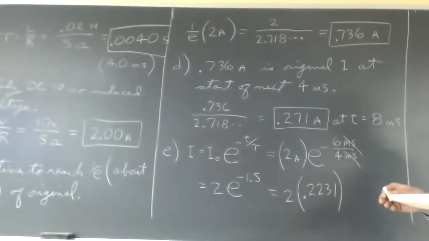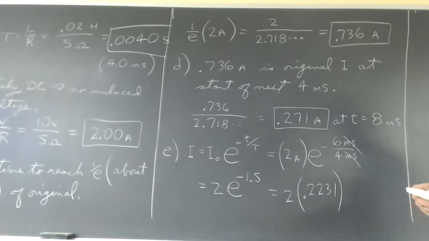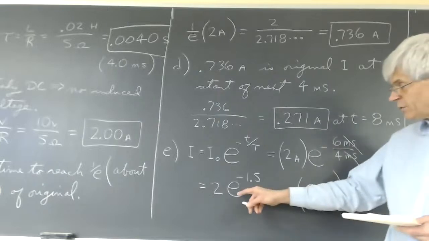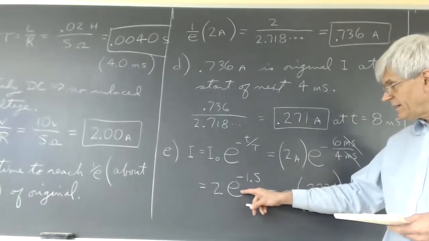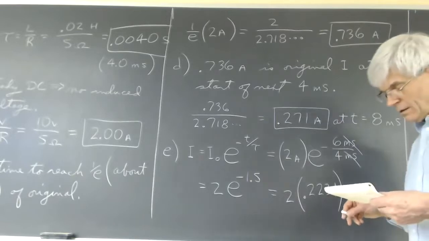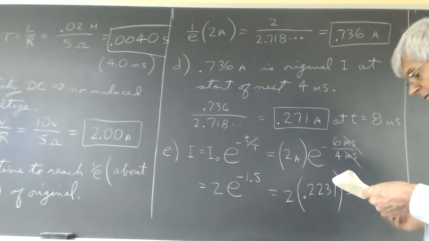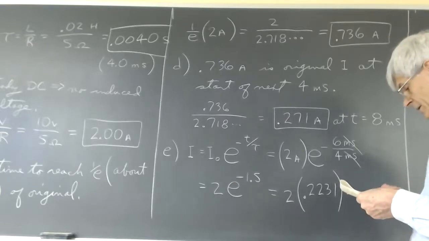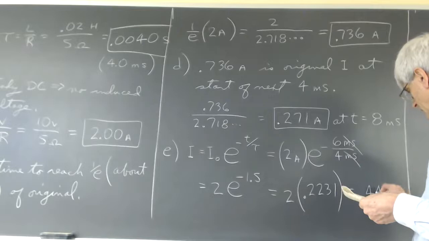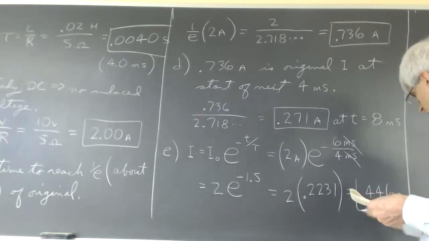If you're a little bit unfamiliar with how to use the e to the x button on your calculator, you might want to pause here for a moment and make sure you see how to enter that and get this. And the answer is 0.446 of an ampere.